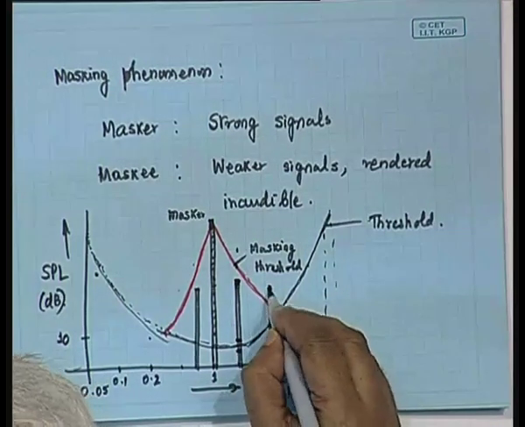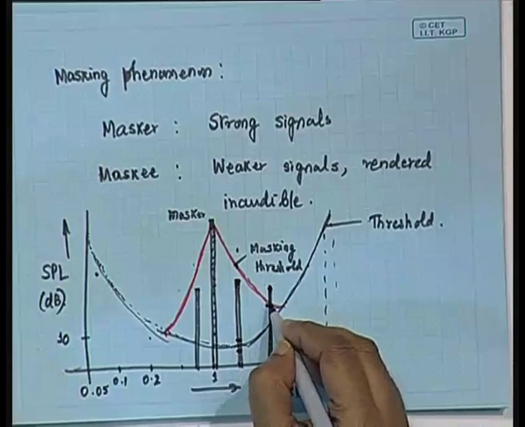So, at this frequency you have to bring it down, you have to allocate more bits. So, close to the masking threshold, or rather to say closer in frequency to the masker, you can afford to have a lesser number of bits.